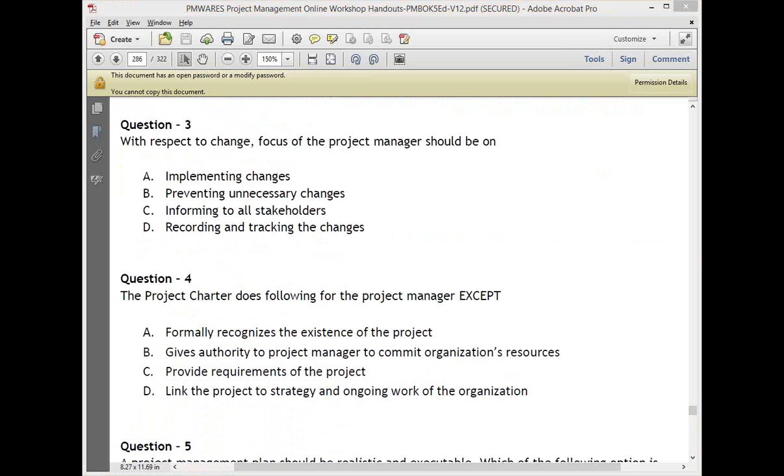No, still I think the main important part is informing all stakeholders, no? Yeah, so that's what I'm saying, that by informing or recording changes, C and D, it doesn't help the project. But B will help the project. See, the project manager is a skillful, very intelligent person, right? There should be a value add to the project. C and D are, in a rude term, a clerical job.